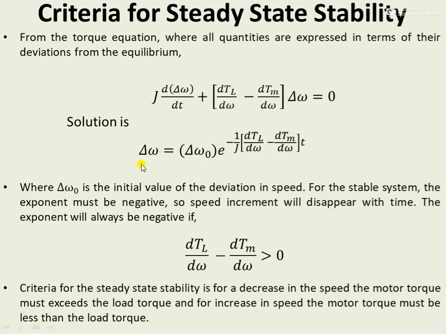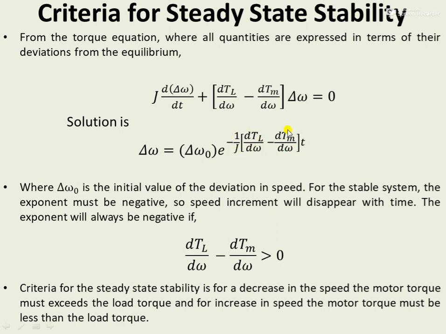Since this delta omega is representing the deviation in speed, as time increases the deviation must reduce to zero, not the speed term which has to be reduced to zero. So for this deviation to be reduced to zero, this expression must be an exponentially decaying one. For this expression to be exponentially decaying, the exponent term must be of negative value.